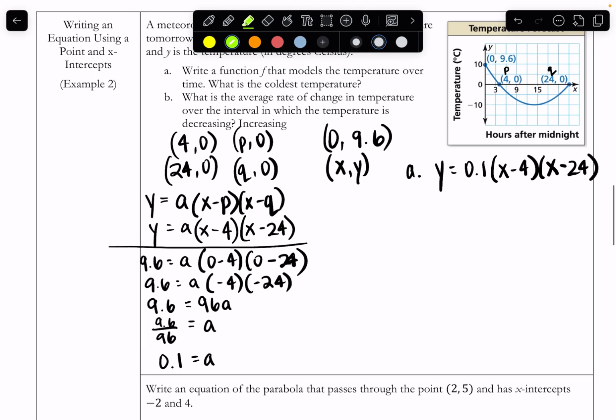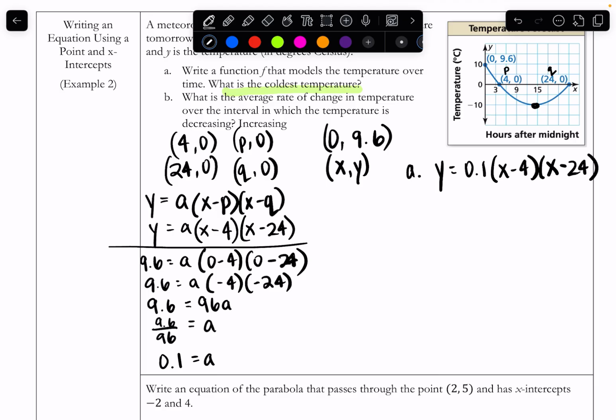My coldest temperature here, if I go back and look, my coldest temperature, I can look at the graph and estimate what that is. It's going to be over here at this vertex point, but I want to find that vertex point. So I could do this a couple different ways.